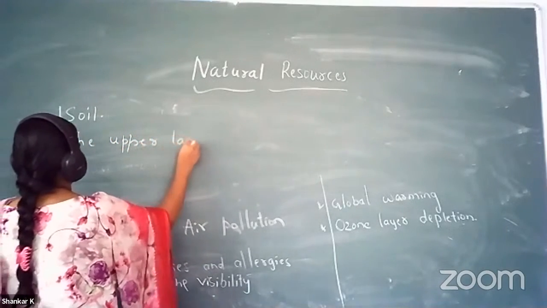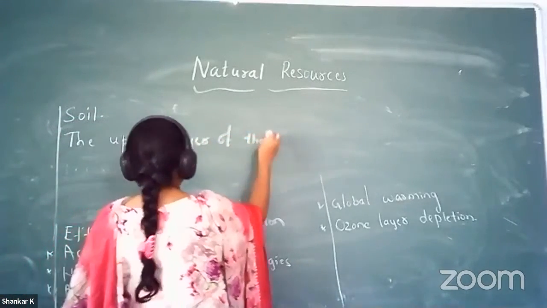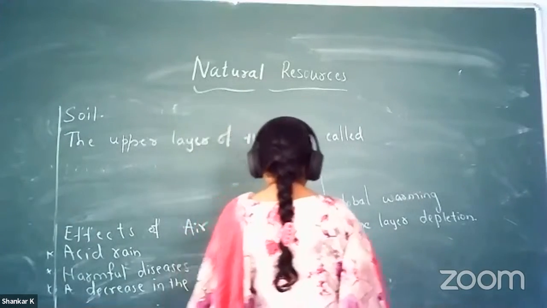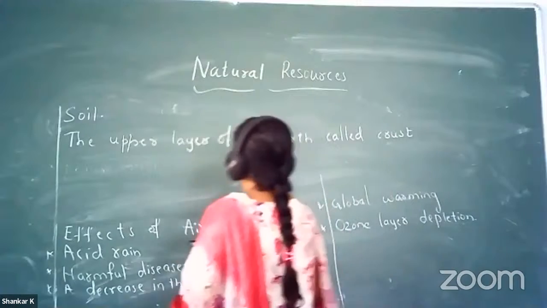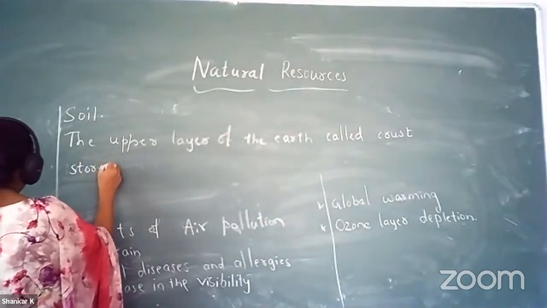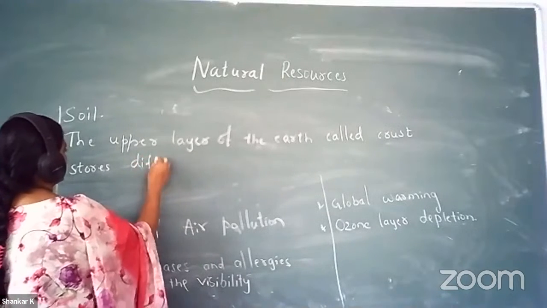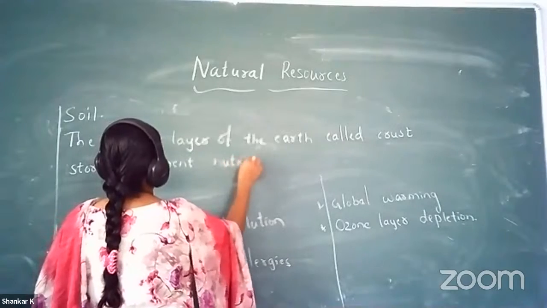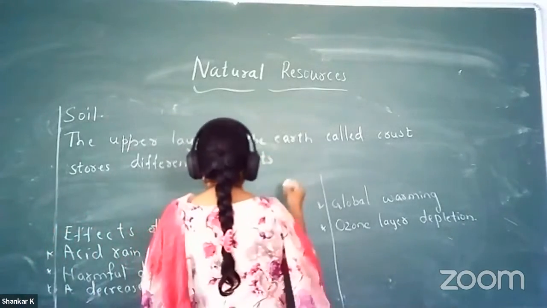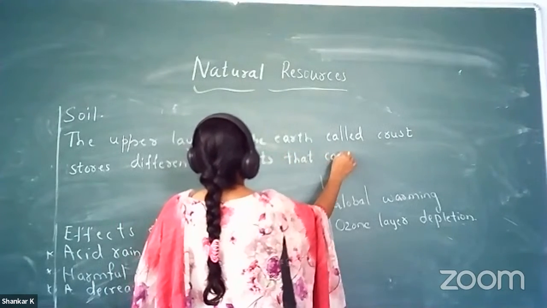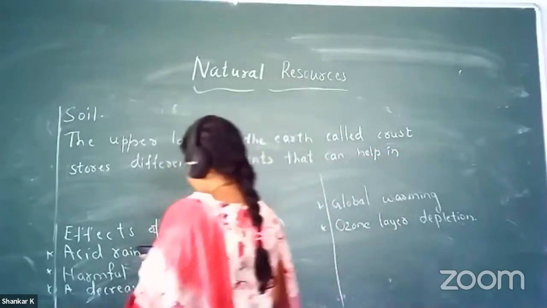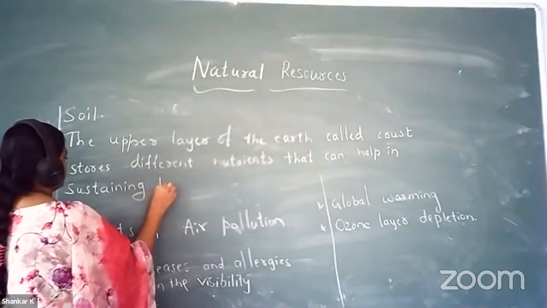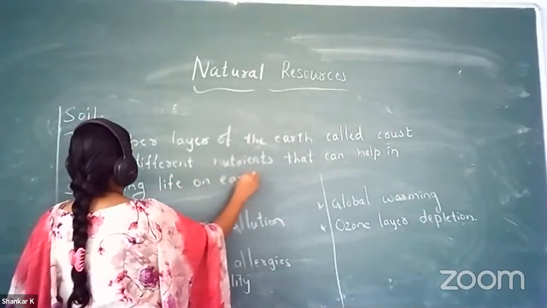Soil, the upper layer of the earth called the crust, has different nutrients that can help in sustaining life on earth.